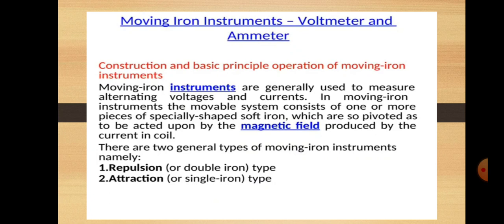As the names suggest, we are using the magnetic field and the iron. Where repulsion is observed, it is called the repulsion type, and where the iron acts on the attraction principle, it is called the attraction type.